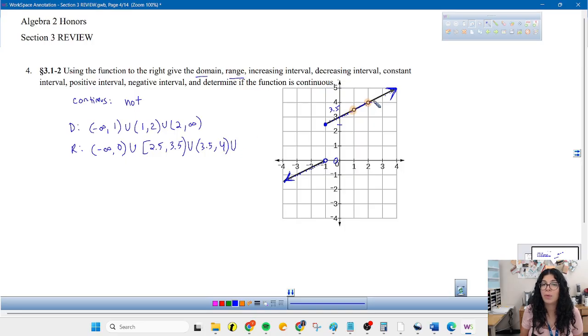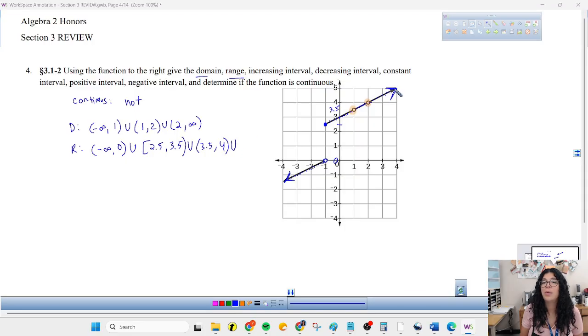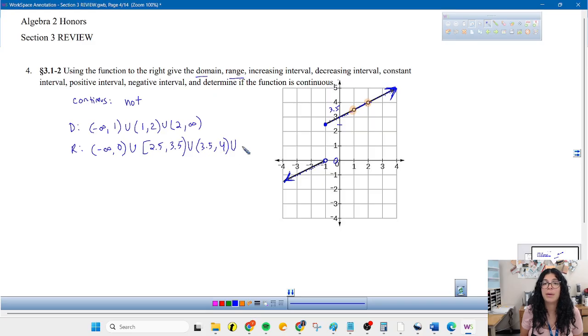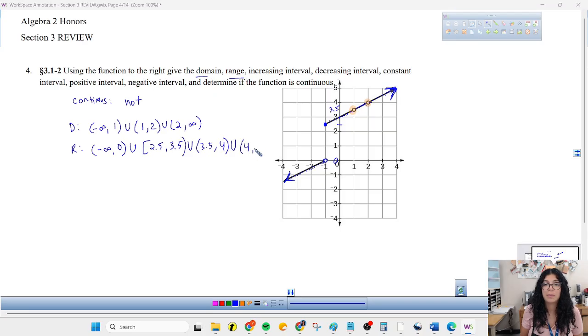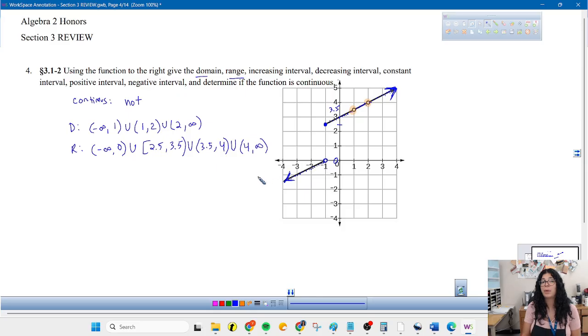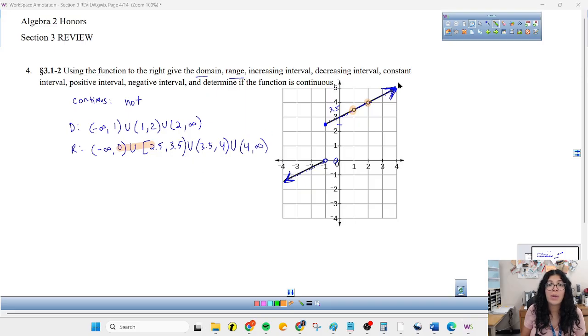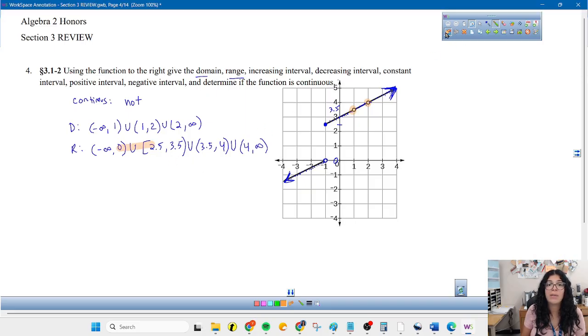And then from 4, we pick back up with points all the way up till arrows at the top, infinity. So quite a lot of breaks in the graph. We do have arrow at the bottom, negative infinity, to arrow at the top, positive infinity. However, we have no points which have y values between 0 and 2.5. We have no points that have the y value of 3.5, and we have no points that have the y value of 4.